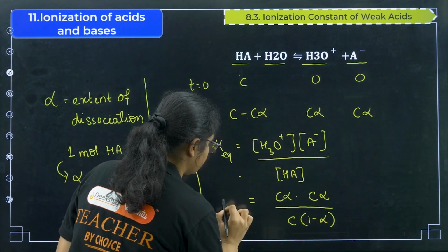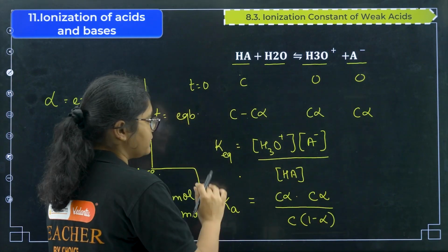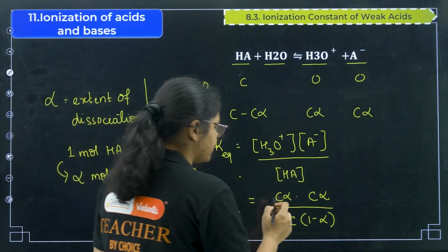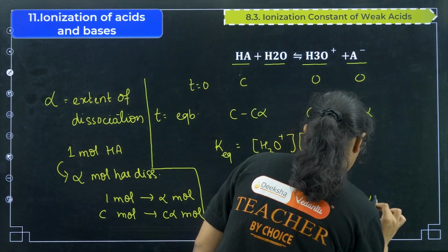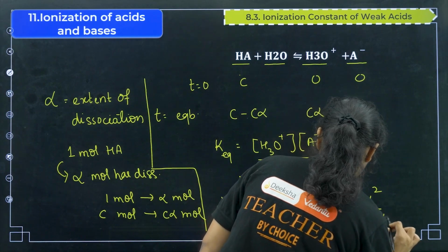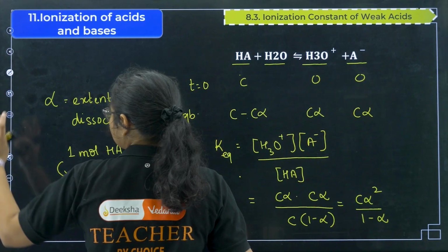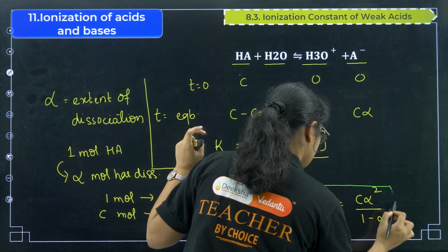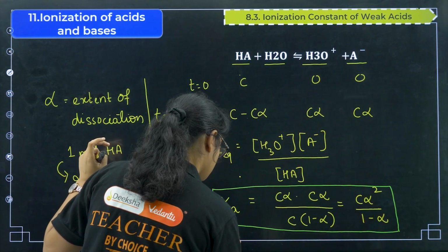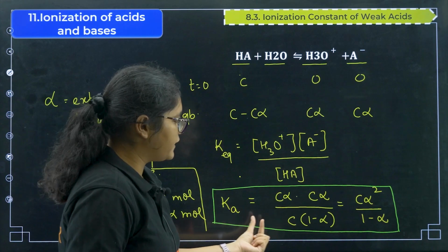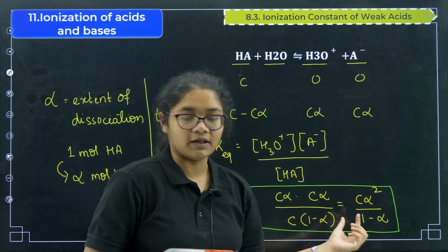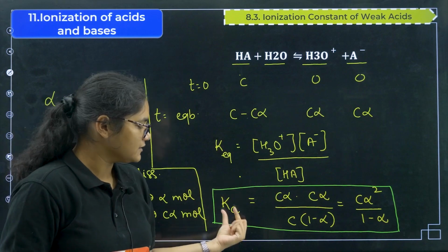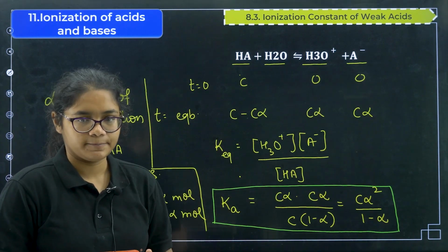This equilibrium constant is called Ka, because it is the equilibrium of acid dissociation. So we get C alpha square by 1 minus alpha. Clear? So Ka is equal to C alpha square by 1 minus alpha. This is your acid dissociation constant.